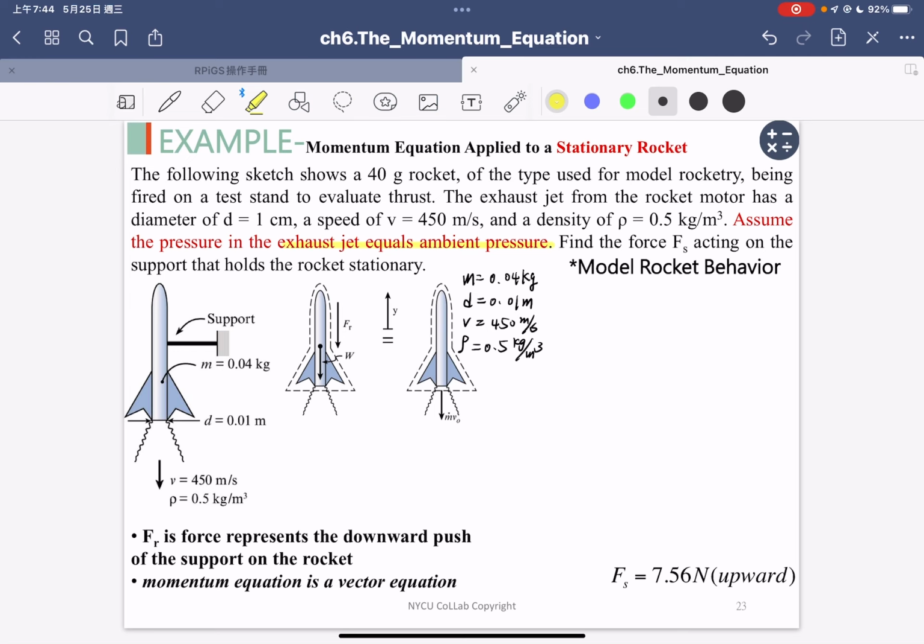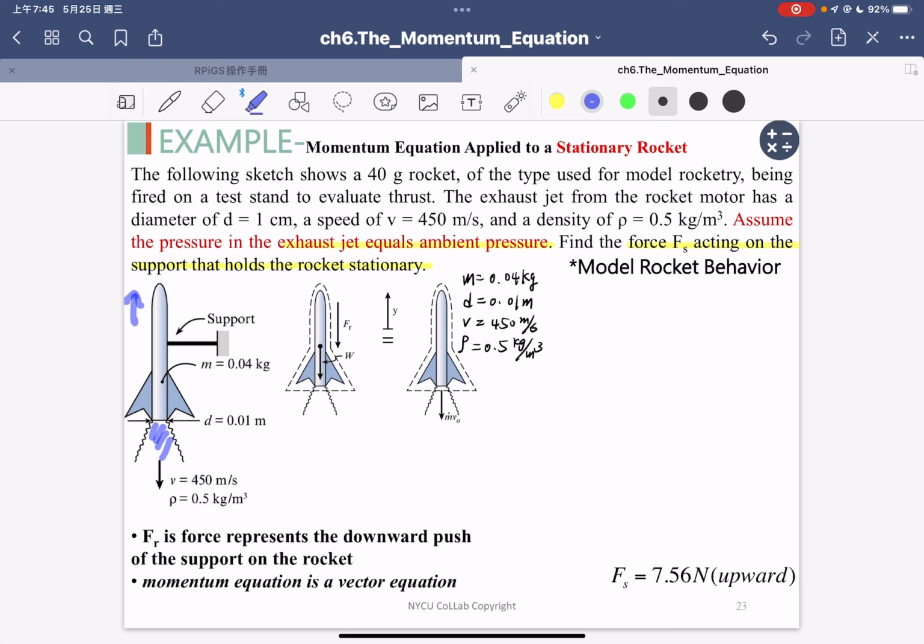So please find the force Fs acting on the support that holds the rocket stationary. If we go back to see our problem, because we have the hot gas thrust out, the rocket would like to move upward, right?